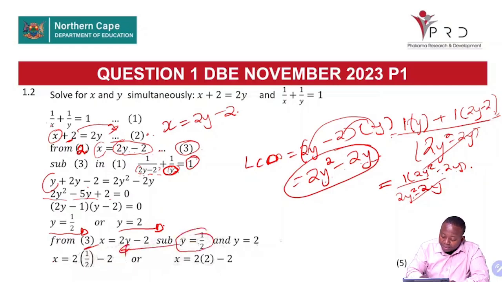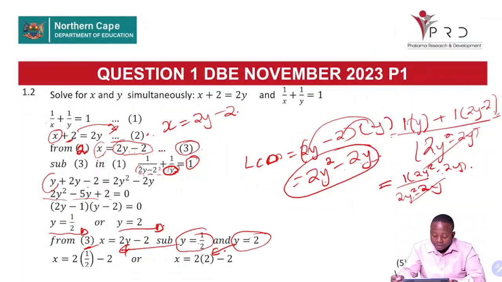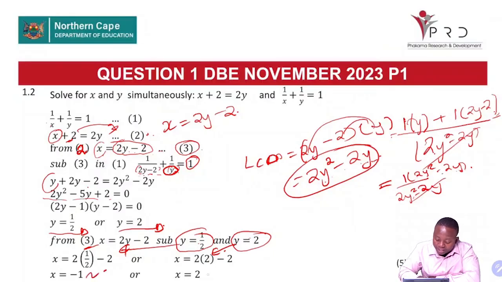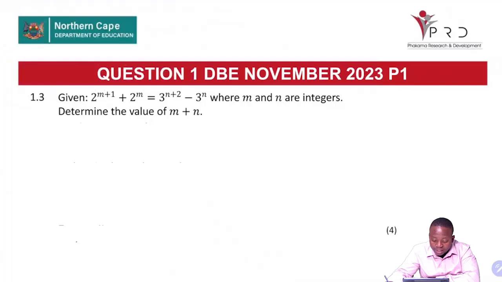For the second part, where there is y again, I substituted the 2 in that case. Then we have our final answer as x is equal to -1, and in this case, x is equal to 2. So that's what we had in that case.